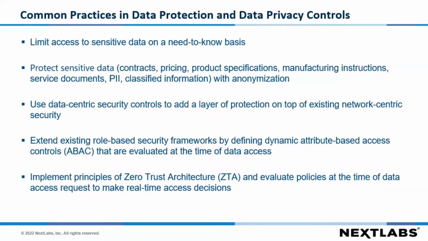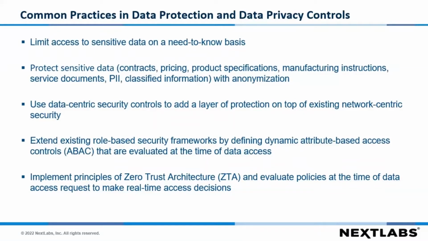We believe that everything needs to be designed in a data-centric manner. So focusing on the data that needs to be protected, not necessarily the networks or the systems where they reside. And then we also think that attributes should be the source of determining who has access.